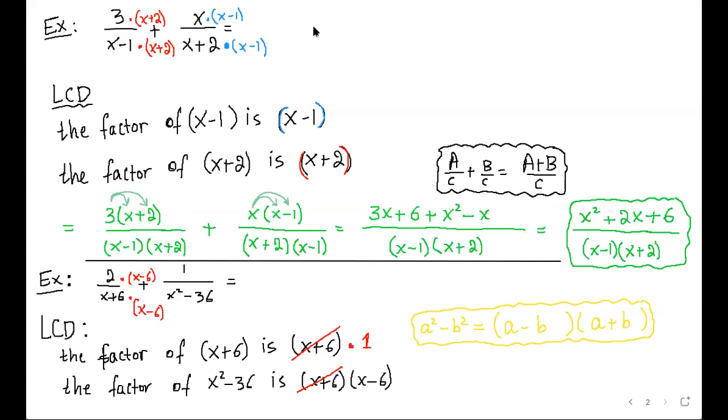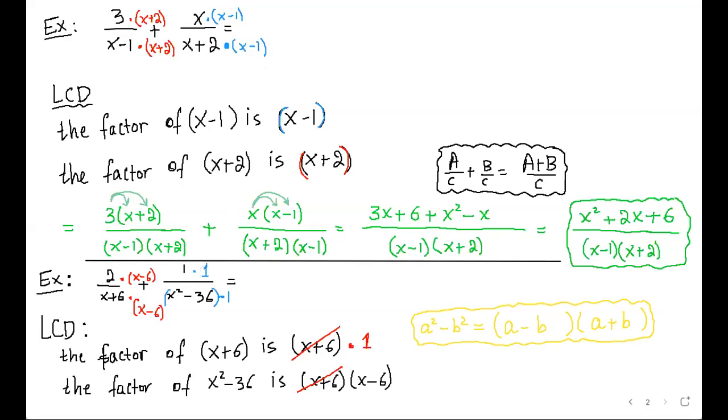What about the second fraction? What do we have to multiply? We multiply by the factor of x plus 6. What is the factor of x plus 6 after we cancel everything? 1. Only 1. We multiply everything here by 1, and here by 1. When we multiply anything by 1, we keep it the same. We don't change anything.